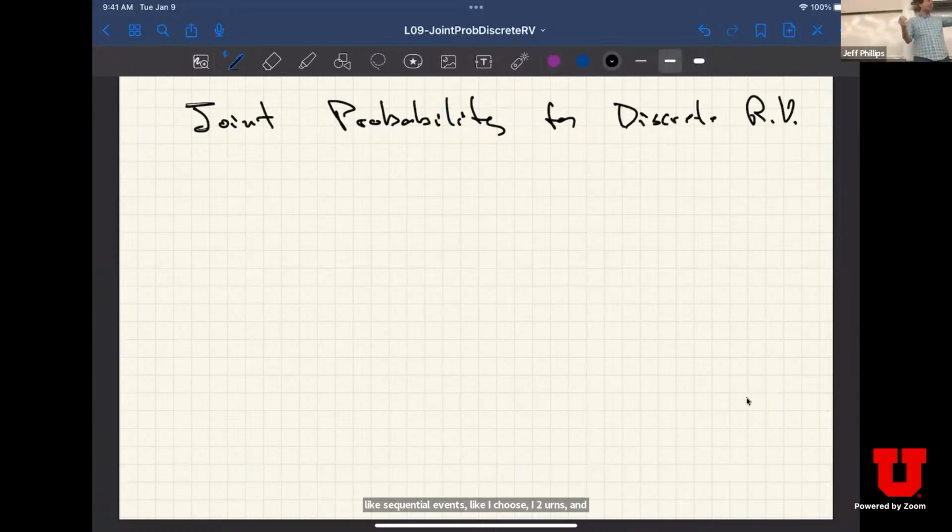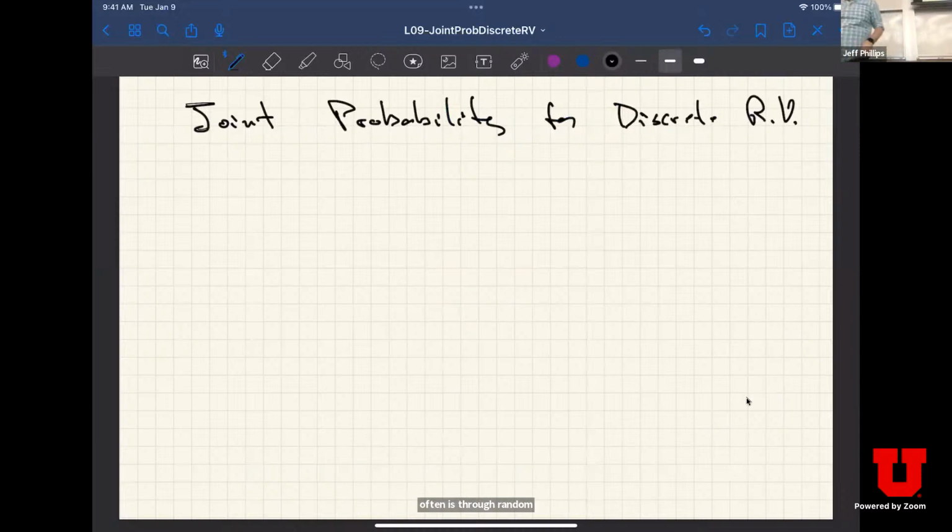Said with the probability, I picked the first urn and then I picked a red ball, and these were related to each other. They were events we're talking about, but a lot of probability theory and how it's discussed in the context of data analysis often is through random variables.